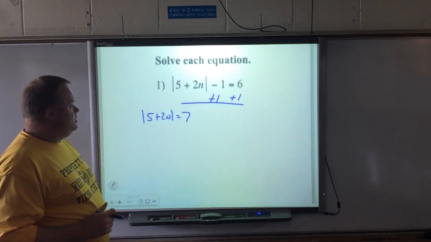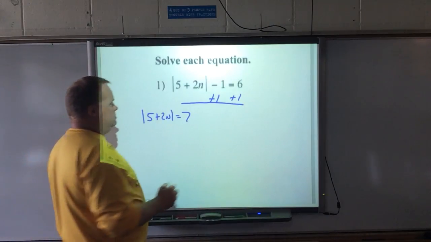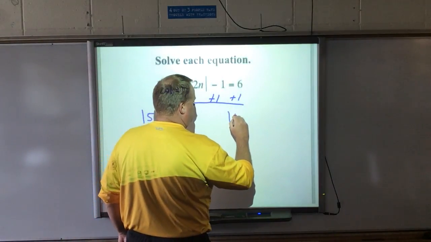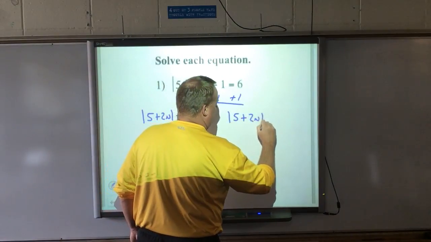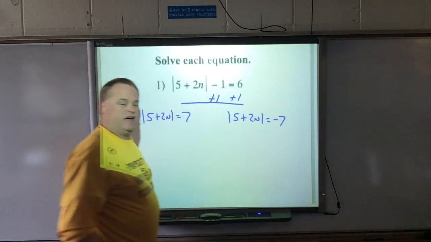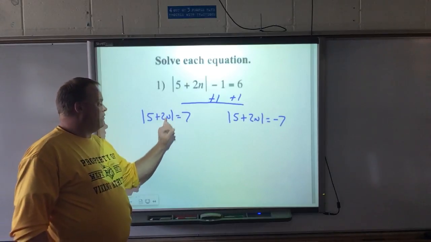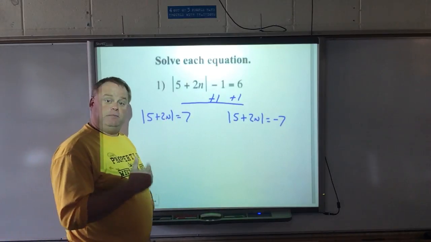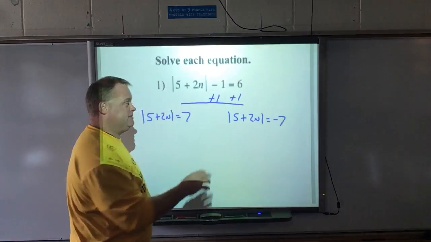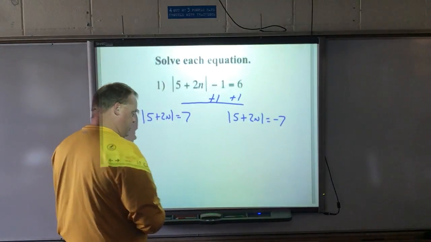Now I know that I have to also set this equal to negative 7, because I'm solving for n, and n could be both positive and negative, so I set it equal to the negative of that.